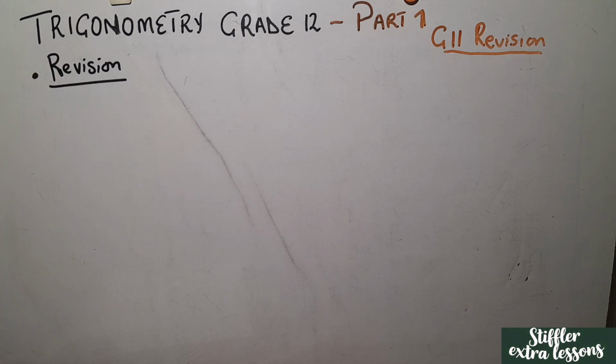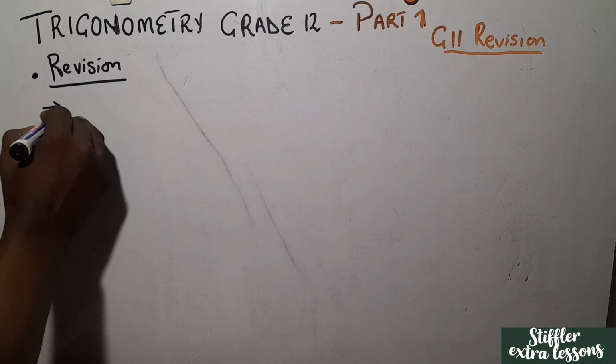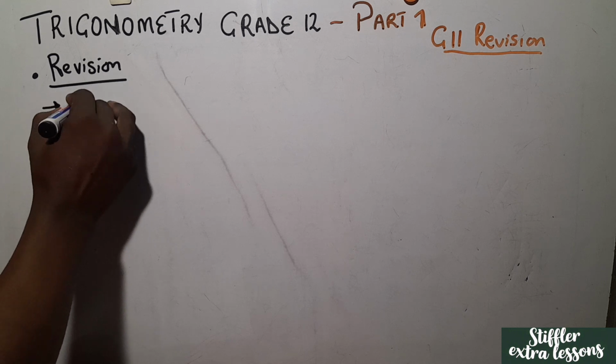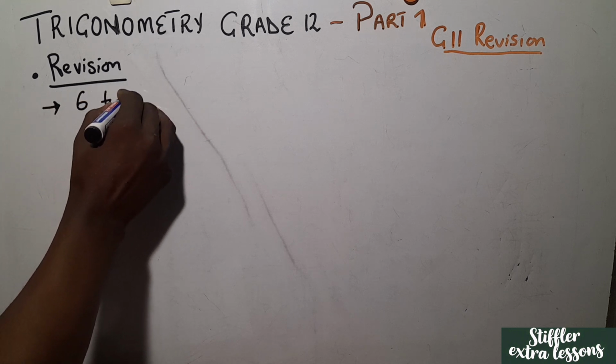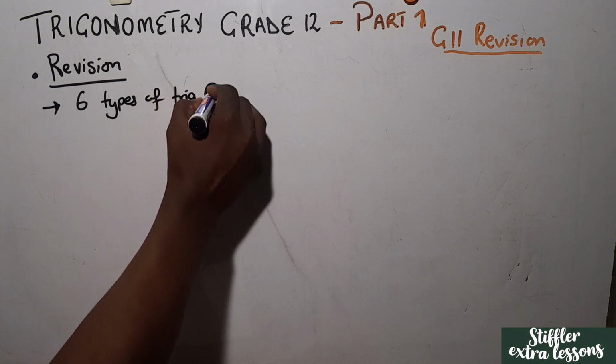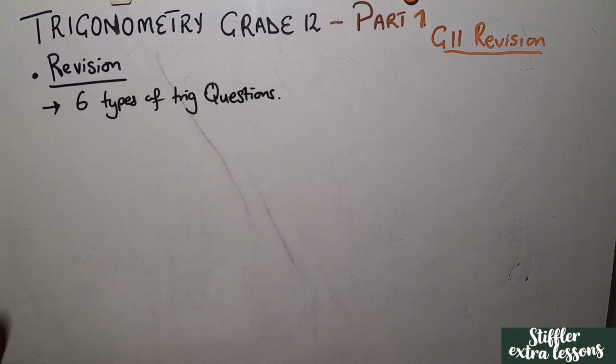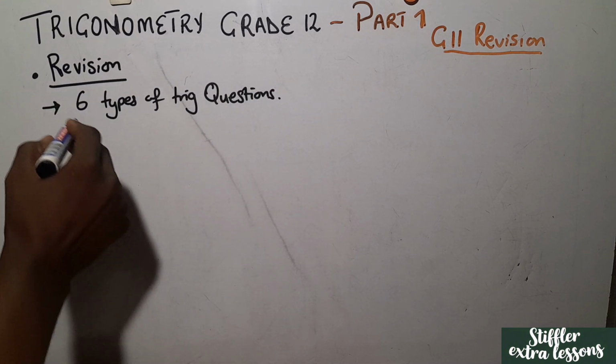Firstly, I'll talk about this theory of mine. I've studied and I've seen that trigonometry is all about 6 types of trig questions. There are only 6 types of trig questions. If you check mostly in grade 11 and grade 12 question papers, there are only 6 types.